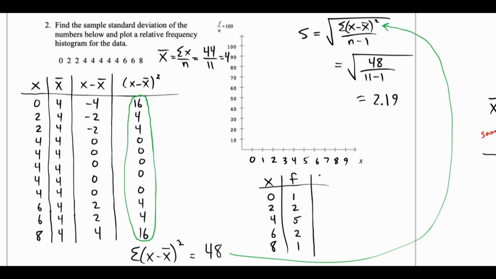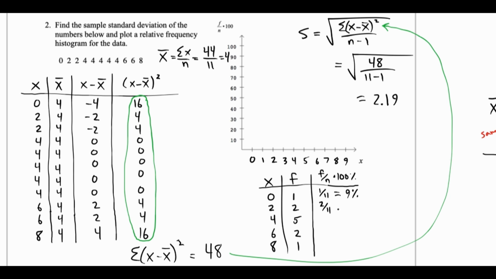Then we can find those percents by doing F over N. Then we can see how tall the bars should be. So since there's 11 data pieces, we're talking about 1 over 11, which is 9%. So the 0 there occupies 9% of the data.